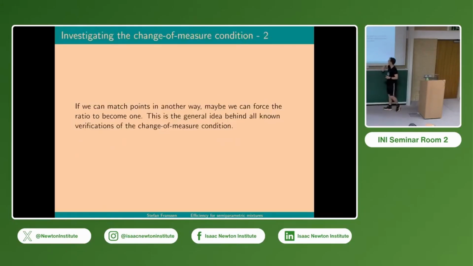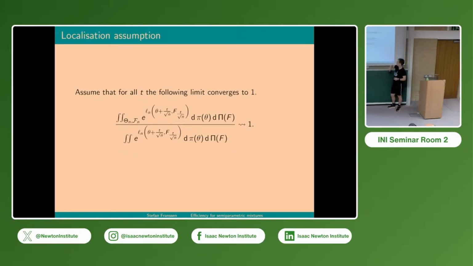Actually, what is going on here is the perturbed integrated out over these restricted sets divided by the perturbed integrated out without the restricted sets. So this is sort of assuming that we have consistency, that we start concentrating on this theta and Fn. So this is not the same at all as the change of measure condition. This is just saying that also in the perturbed model we are in a sense consistent.